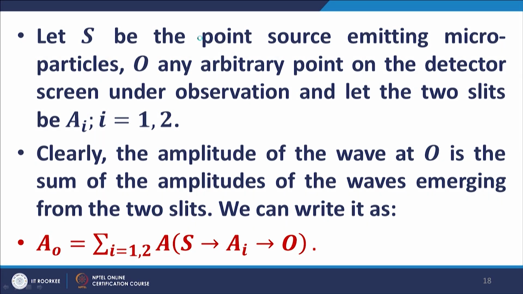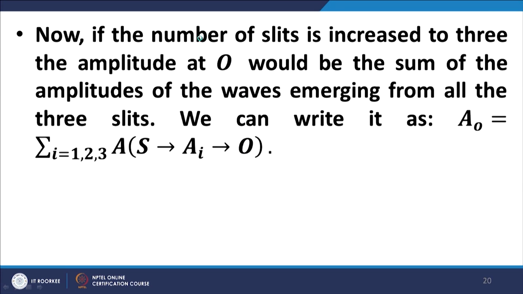In other words, it would be represented by the summation over i equal to 1, 2, 3 of the amplitude of the wave passing through slit Ai: the amplitude of the wave passing through slit A1, through slit A2, and through slit A3, and so on.